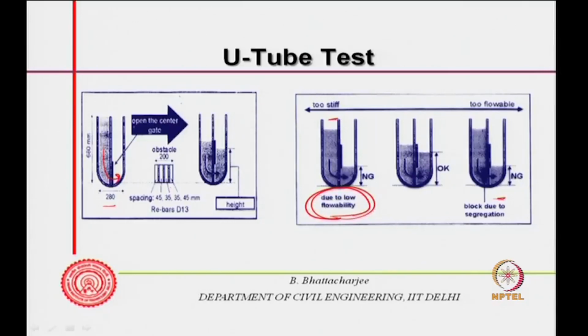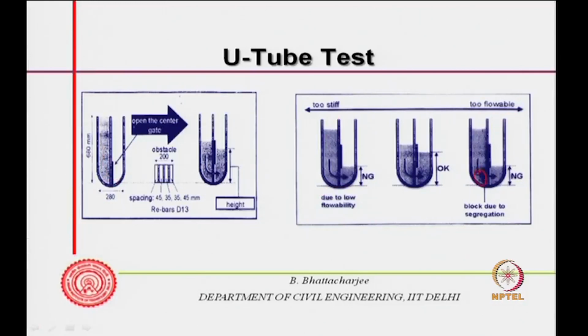With a stiff mix it does not move at all, only a little bit. And if it is too flowable, that might cause segregation: water might have moved, but the solid might have got stuck here, resulting in higher densities of solid at this place, with only water flowing down there.